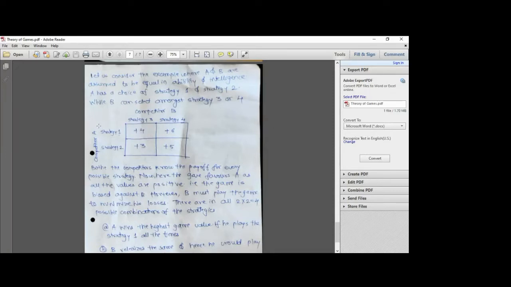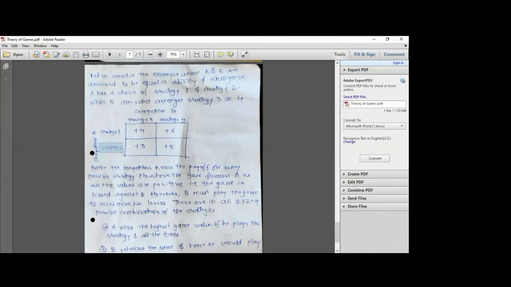Similarly, if competitor A is playing strategy 1 and B is playing strategy 4, then A is gaining +6 units. The same thing holds for this row also.